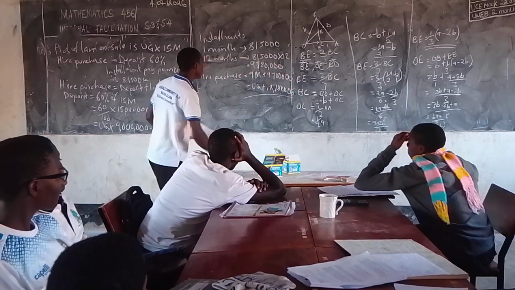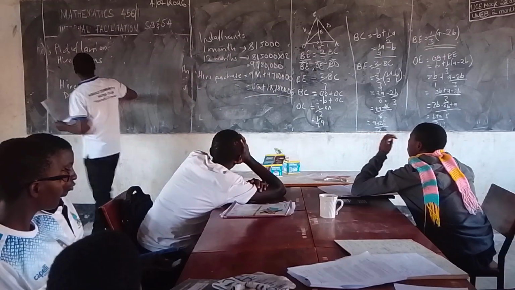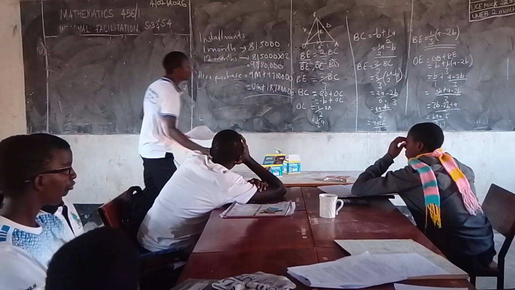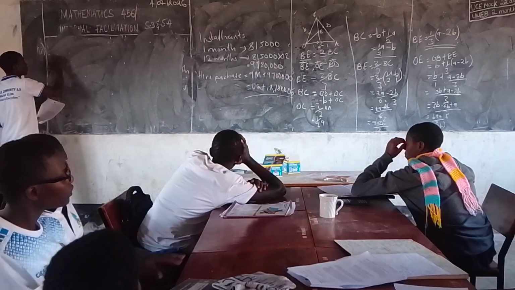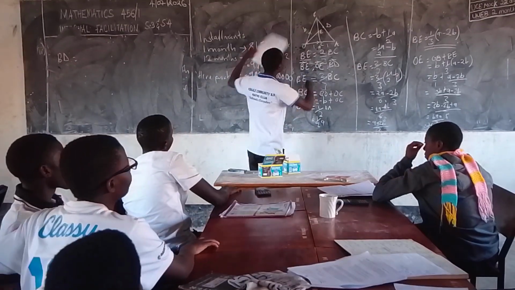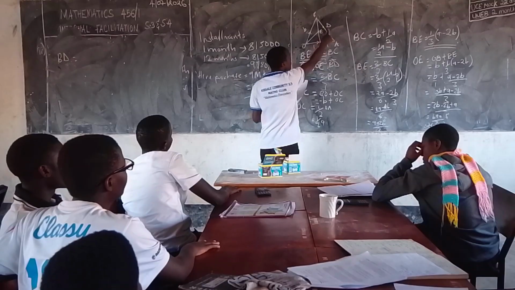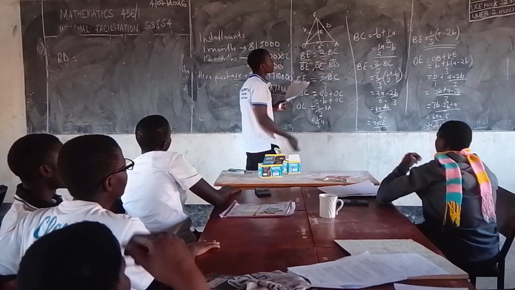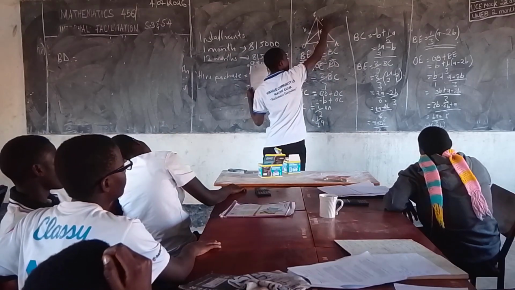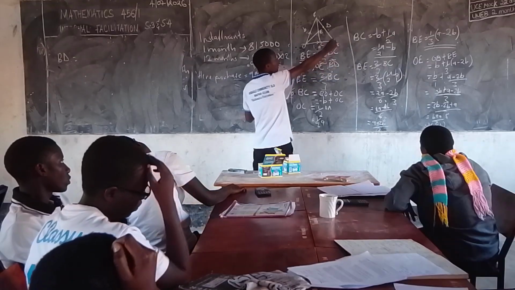Remember, we take the route that is easier, and so we are moving from B to D. But remember, they say that D is a point between A and B. Therefore, the ratio between BD and DA is 1 to 1.